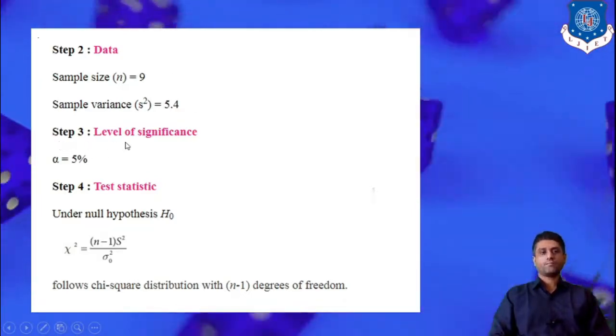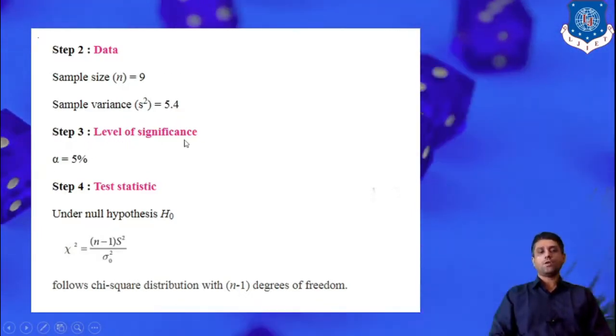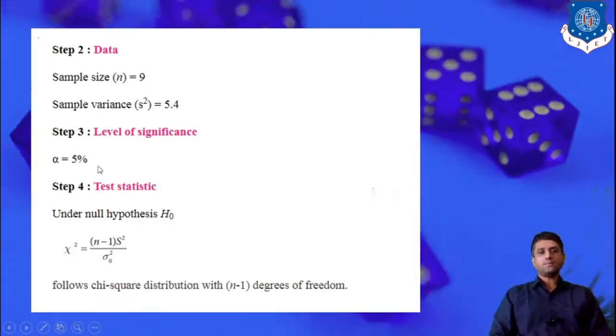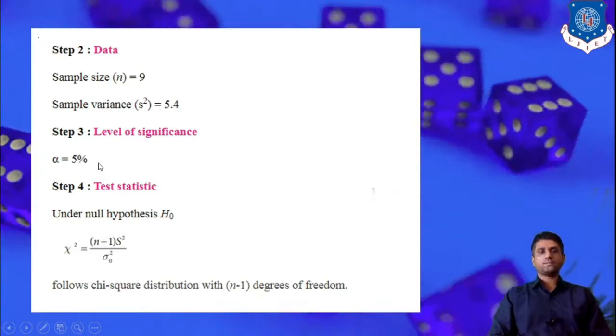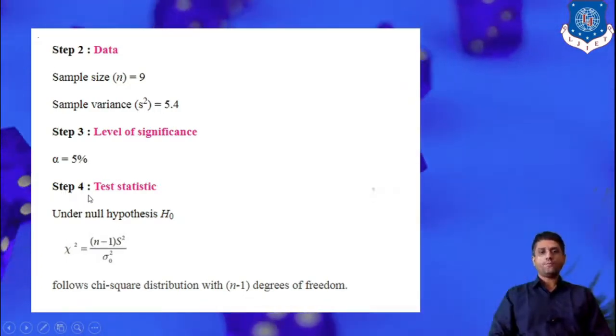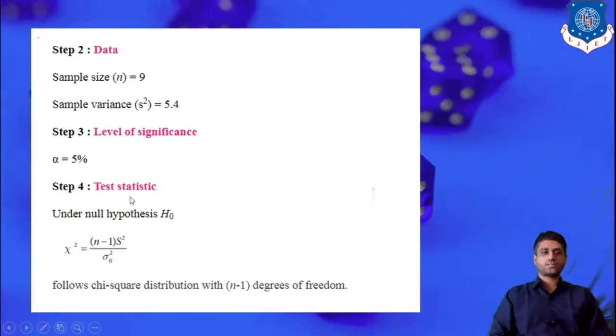Step number 3, we define the level of significance. The level of significance is 5%, which may also be referred to as 0.05. Step number 4, we identify the test statistic.